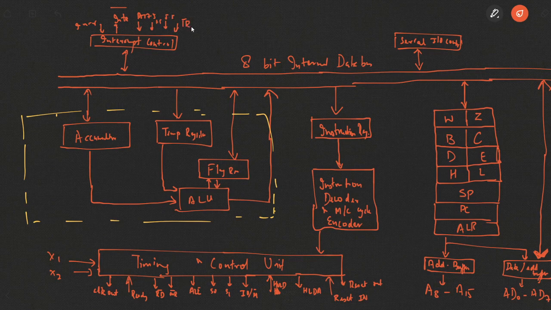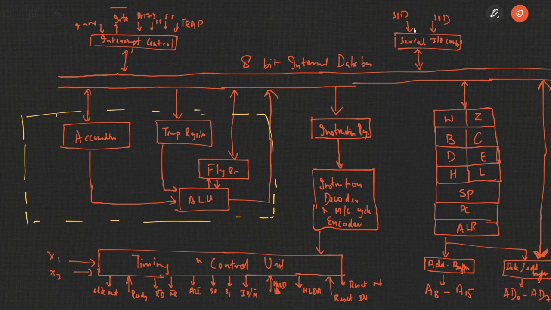So these are all interrupts that we'll be discussing at a later time. And in case of serial operation, we have discussed two pins, SID and SOD. So this here now represents your complete block diagram or the architecture of microprocessor 8085.